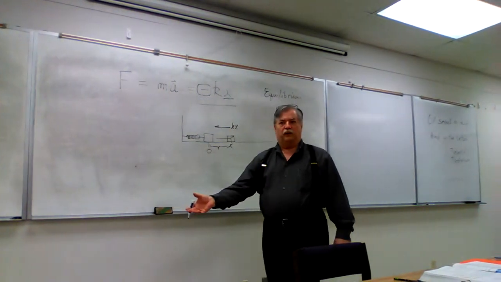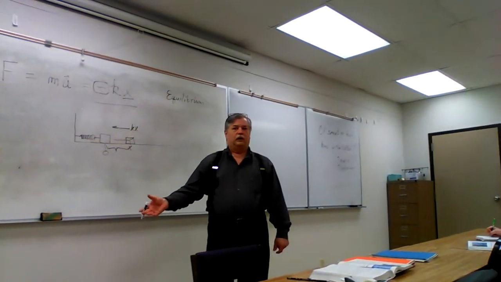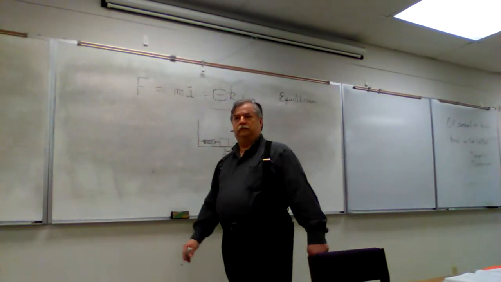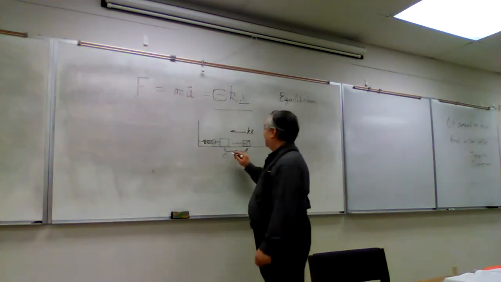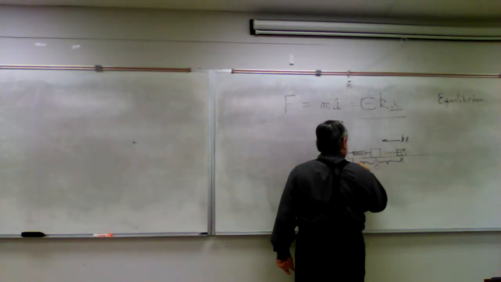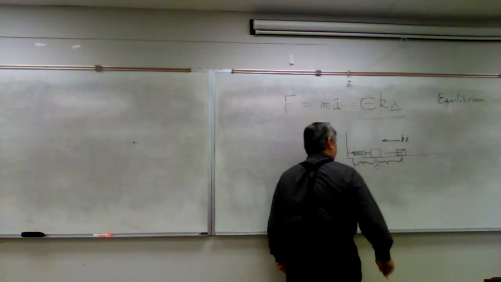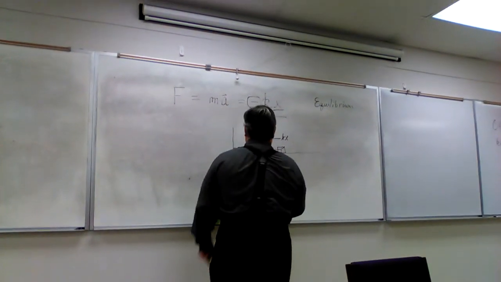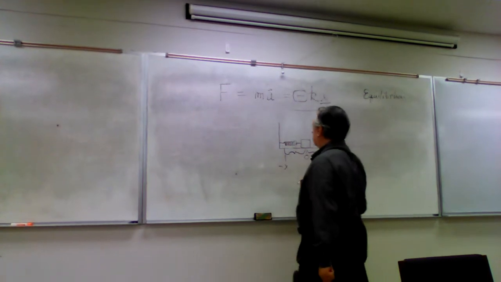You pull the box away from the spring, you let go, the spring is going to pull it back to its equilibrium point. If you push the box and compress the spring to some value of negative X, what force is it going to exert now?